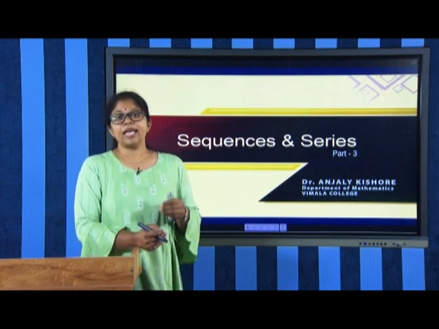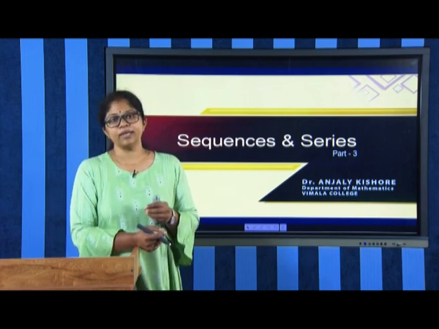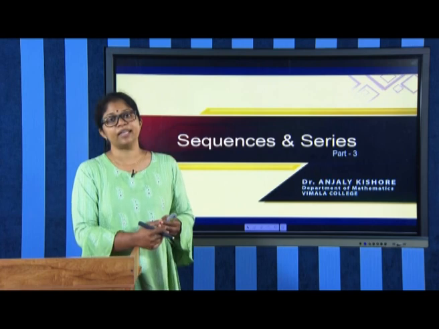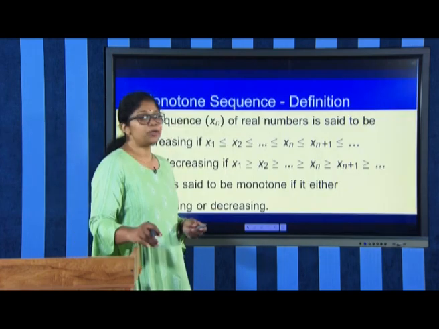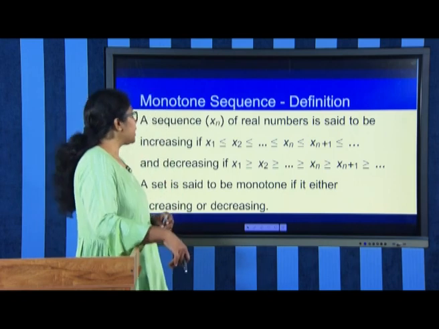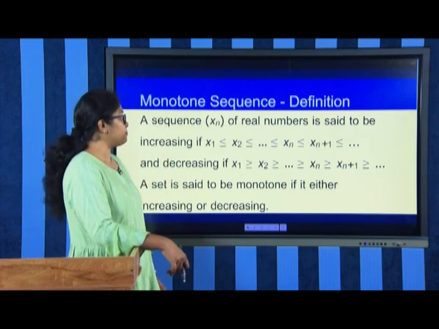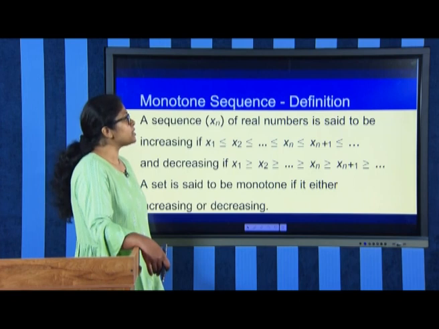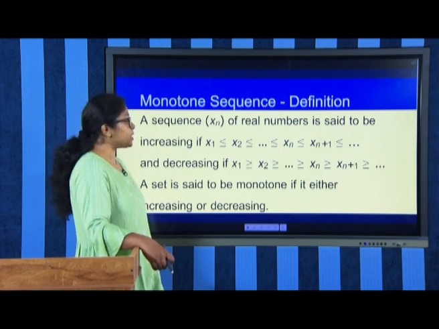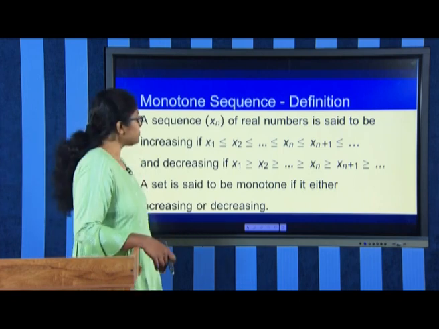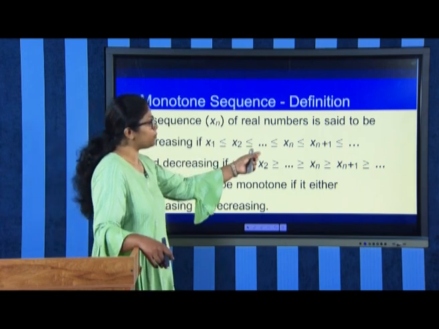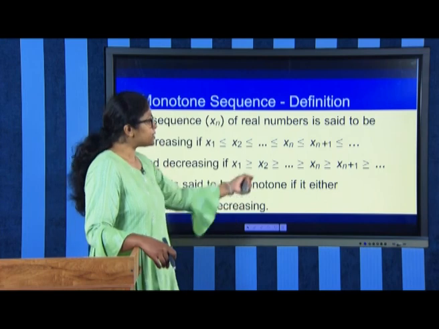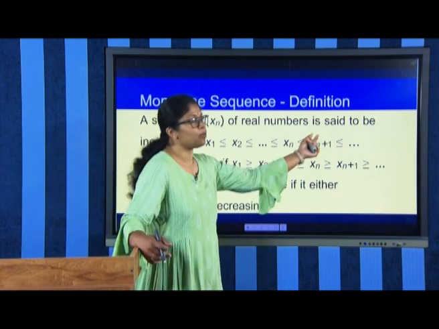Now, analyzing more what types of sequences there are in real numbers, we can discuss what are called monotone sequences. The first definition: a sequence xn of real numbers is said to be increasing if x1 is less than or equal to x2 less than or equal to and so on, less than or equal to xn and so on.